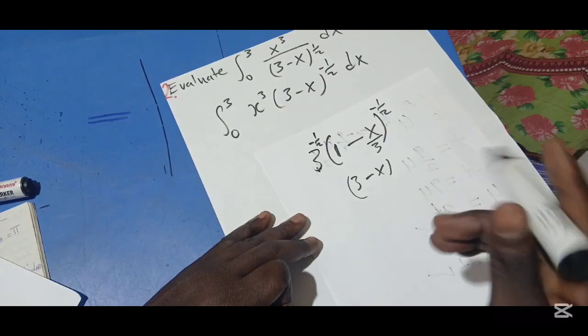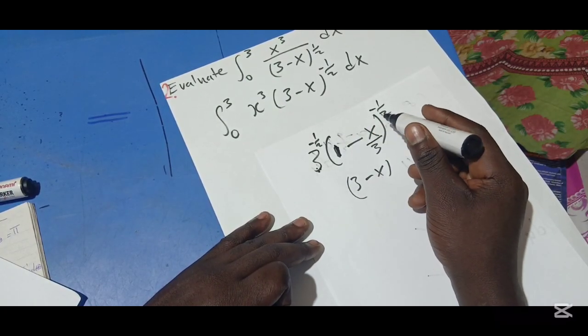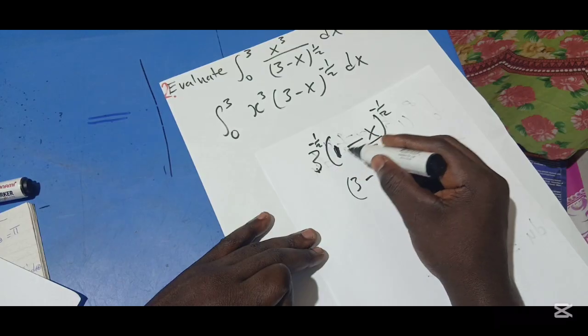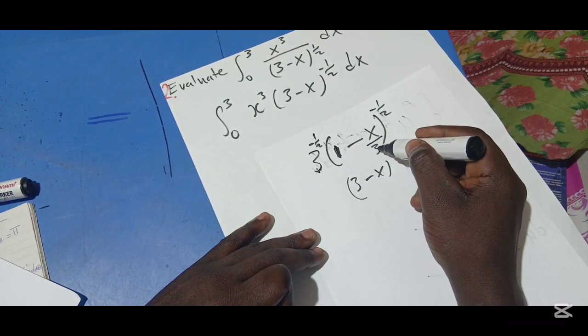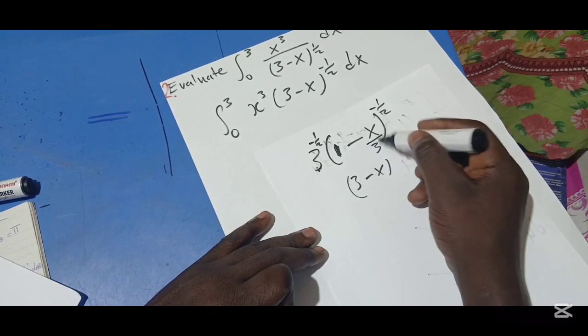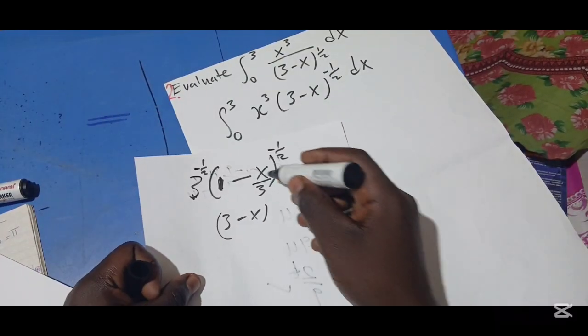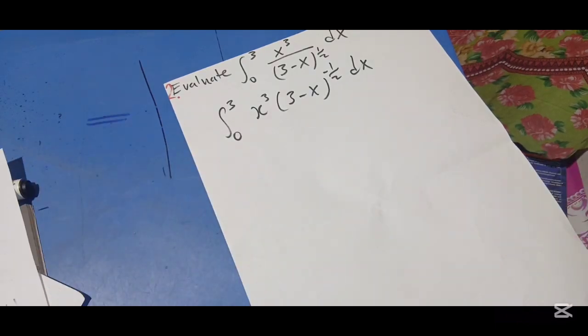Before you make your substitution, make sure it's of the form 1 minus something, right? So now we have 1 minus x on 3, to the power minus half. So we can do substitution. We can replace this one by a variable and work on it.